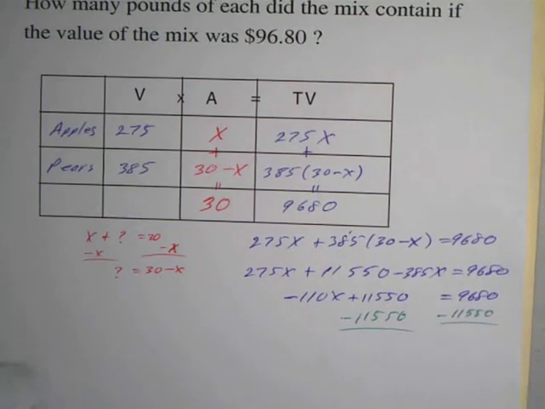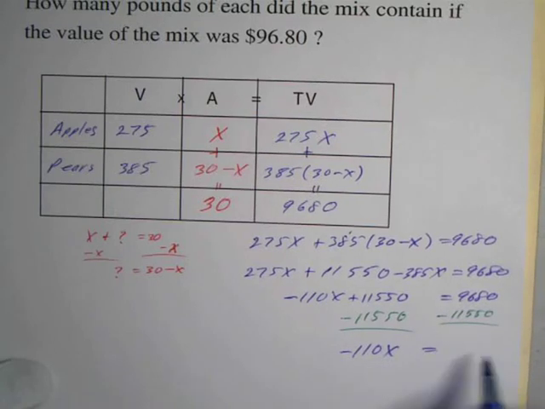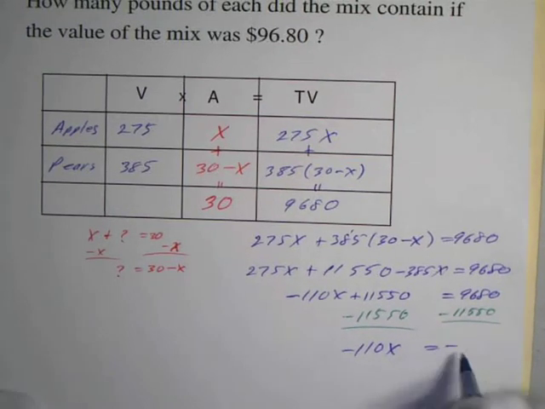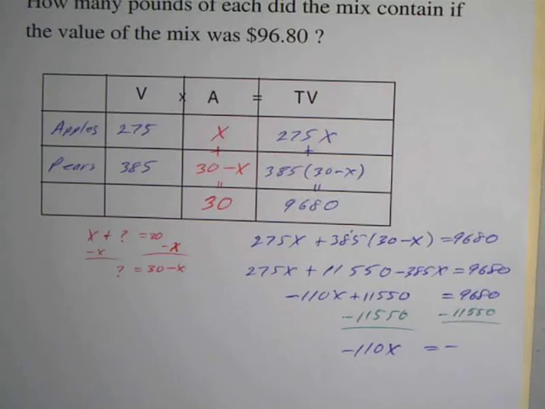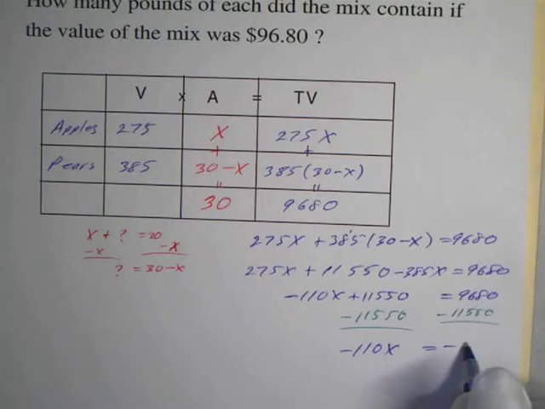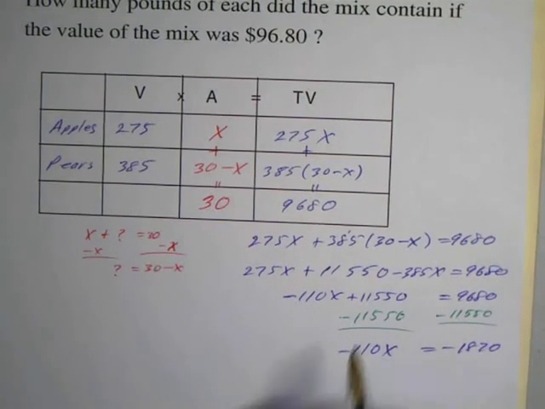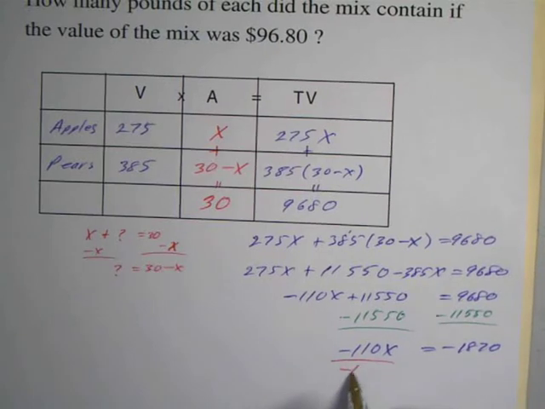And I have negative 110x on the left. And that's going to equal, and it's going to be negative, if I subtract the 11,550 from the 9680, I end up with negative 1870. And I'll divide both sides by negative 110, so I'll get a positive, which we better get.